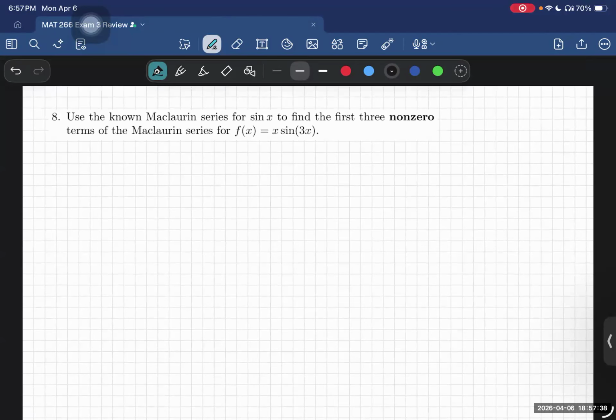Okay, again, use the known Maclaurin series for sine of x to find the first three non-zero terms of the Maclaurin series of f of x is equal to x sine 3x.